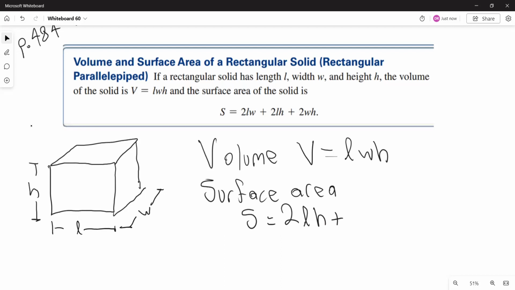Then top and bottom, the area is length times width, and we have 2 of those. And left and right, the area is going to be width times height. So that's how you find the surface area of a rectangular box.